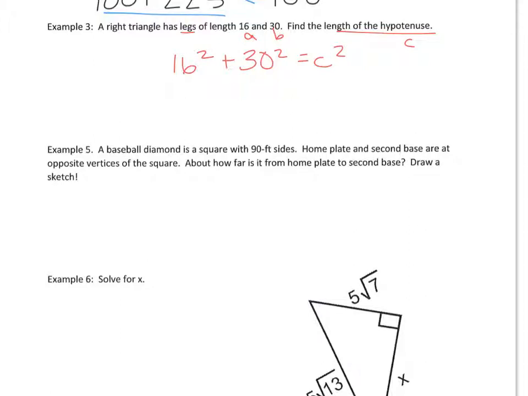So 16 squared is 264, so 264 plus 900, and that's equal to c squared. This is 1164 equals c squared. So first I'm going to do the square root of 1164 and see what I get.